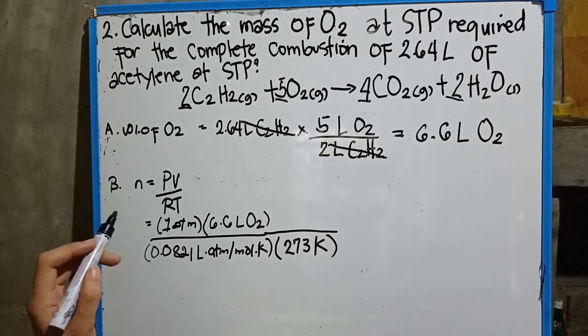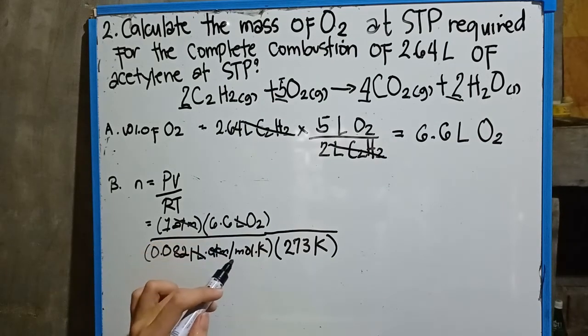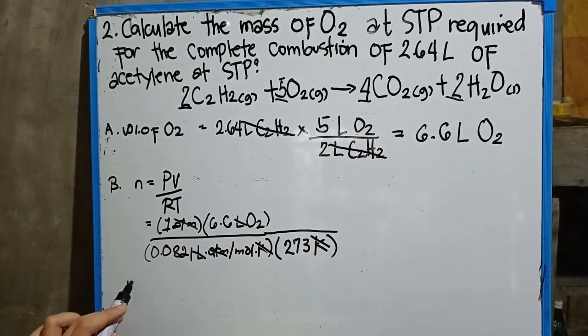So cancel out the ATM, the liter, and the Kelvin. Mabilin is the mole. So n is equal to 1 times 6.6, divided by 0.0821 multiplied by 273.